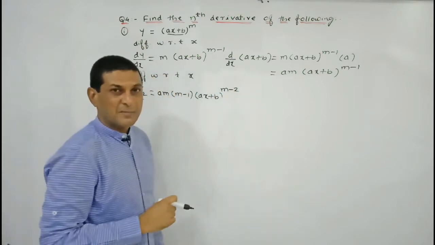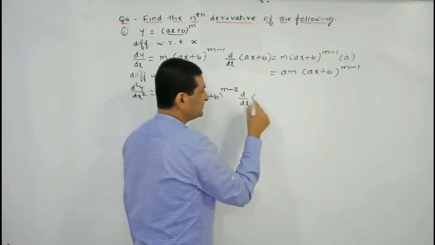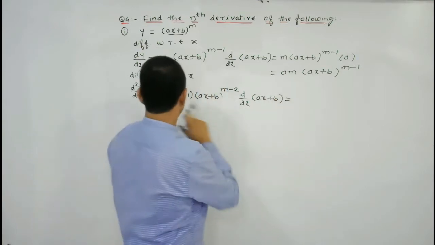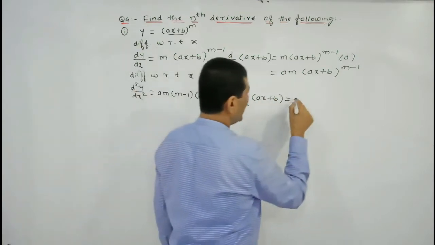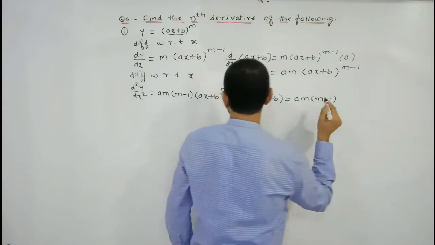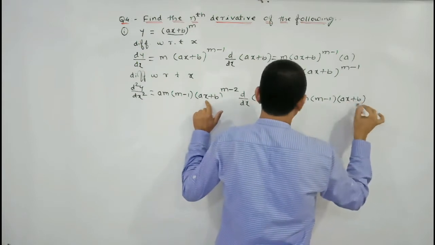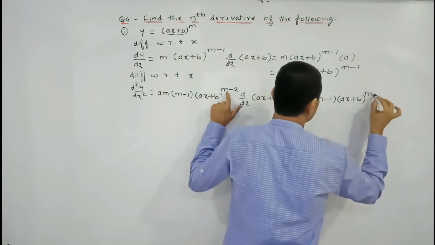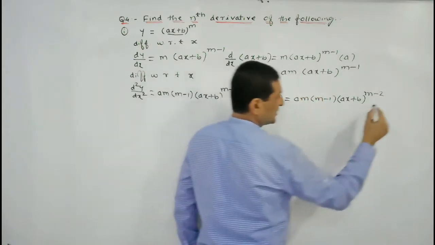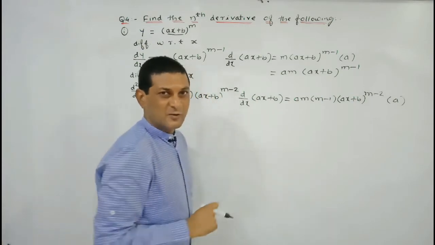We have decreased the power by 1, into the derivative of this f of x, that is the derivative of ax plus b, which is equal to a.